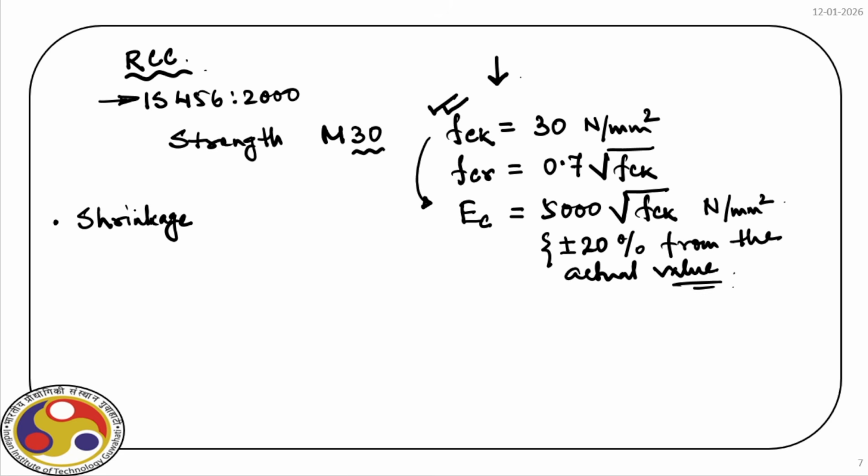Recall, when we prepare concrete, we mix water with cement, sand and gravel. Then gradually we allow the water to dry out, right? So the moment the water is dried out with time, then what happens? Obviously there is a shrinking of volume. So this natural reduction of volume over time due to the loss of water is what is called shrinkage.